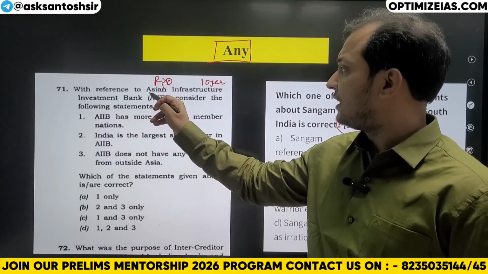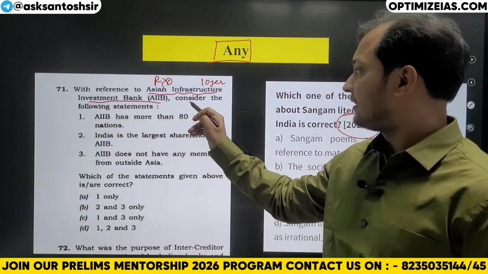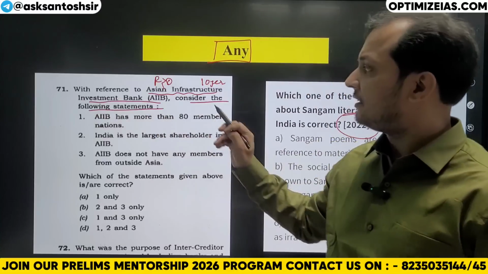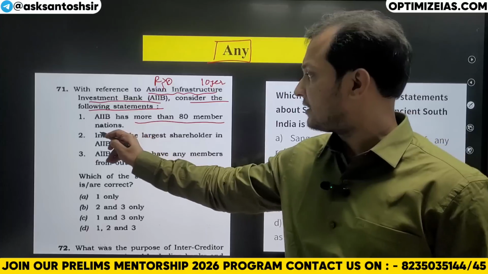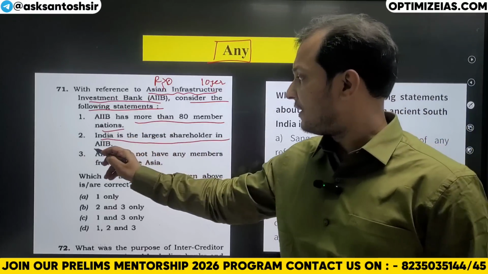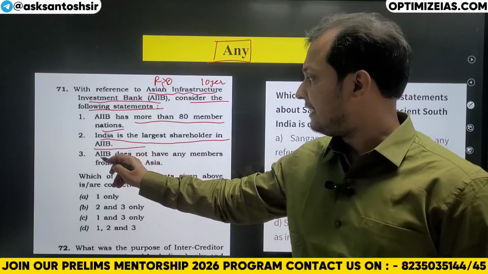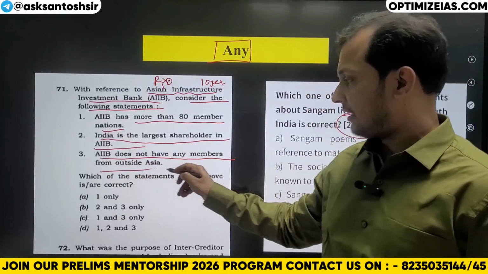With reference to Asian Infrastructure Investment Bank, consider the following statements. AIIB has more than 80 member nations. Second statement, India is the largest shareholder of AIIB, and AIIB does not have any member from outside Asia.